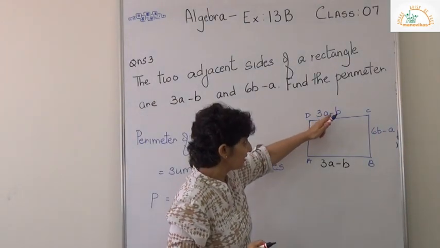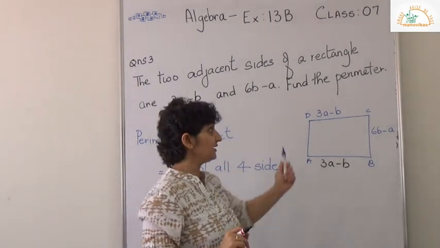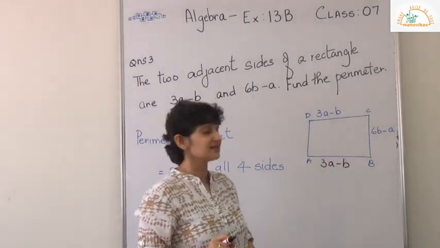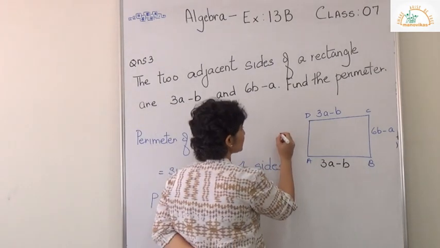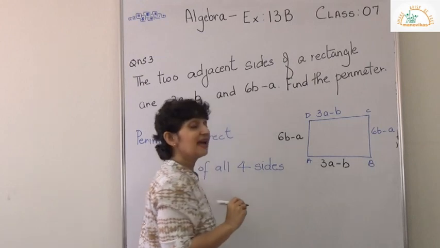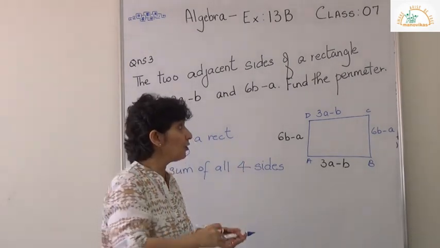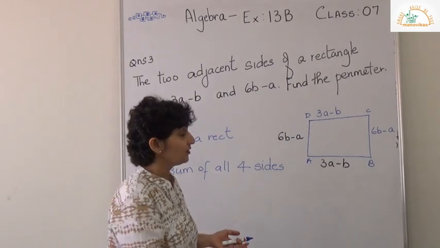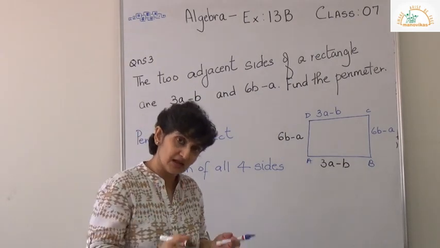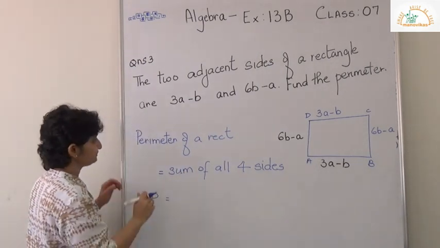So here 3a minus b, and then this side is also 3a minus b. Then if that is 6b minus a, then this side would also be 6b minus a. So to find the perimeter, what do we do? We add all the 4 sides. The sum of all the 4 sides gives me the perimeter.